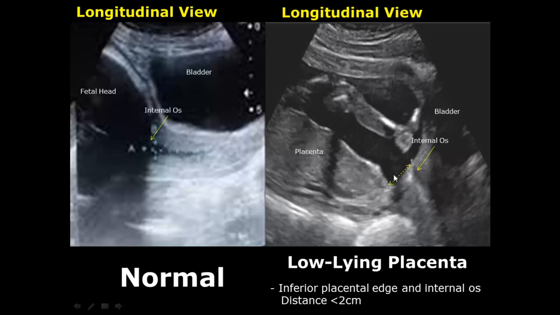And over here we have the placenta that is very near the internal os. We have to measure this distance between the internal os and the placental margin. If it is less than 2 centimeters, then this is a low-lying placenta and a C-section will be needed.